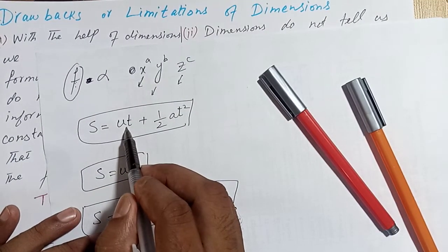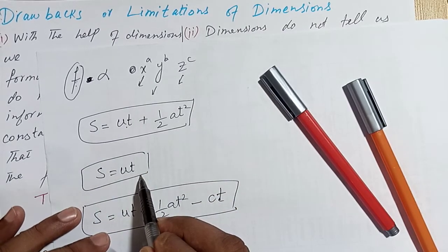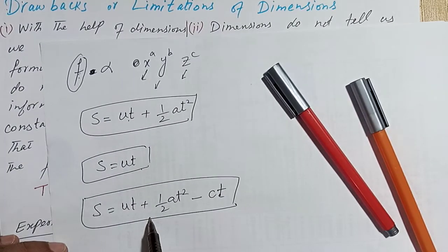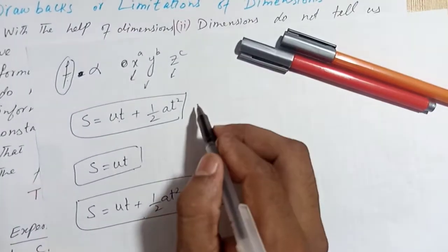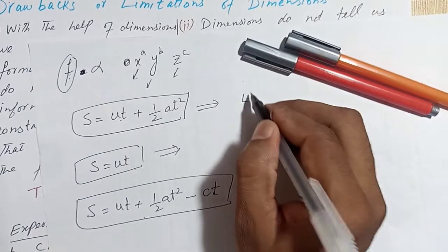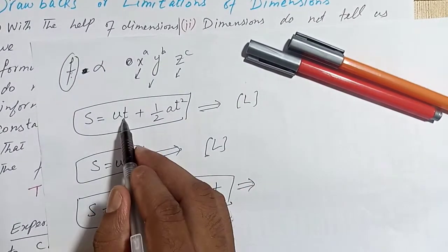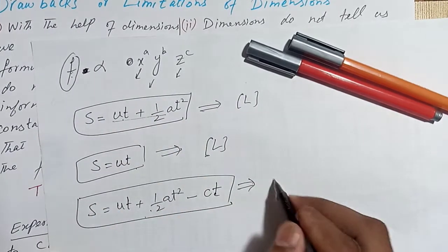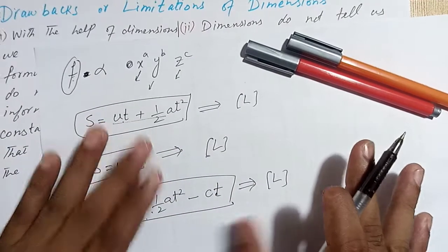This equation is dimensionally correct, this equation is also dimensionally correct, and this equation is also dimensionally correct. All these expressions have the dimension of length. You can calculate the dimension of these expressions and you will find that all these equations have the same dimensions.